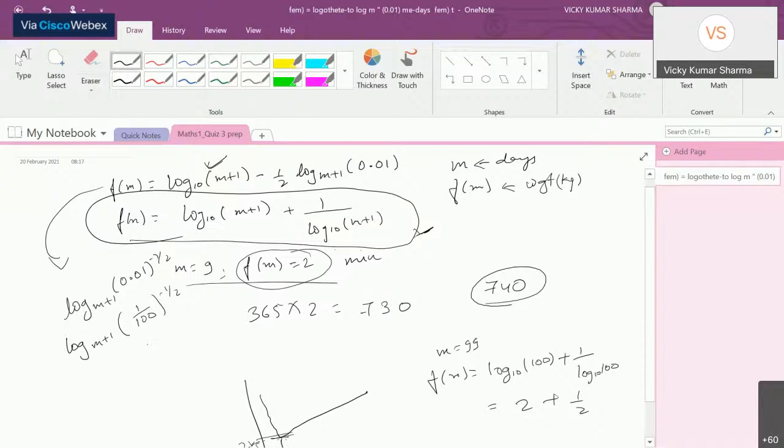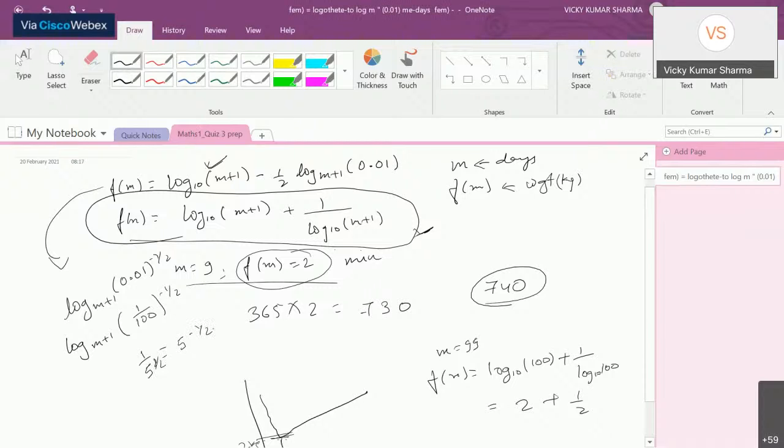When I write 1 by 5, this is equivalent to saying 5 raised to the power of minus 1. When I say 1 by 5 squared, I can write this as 5 to the power of minus 2. Similarly, when this is half, 1 by 2, I can write it this way.